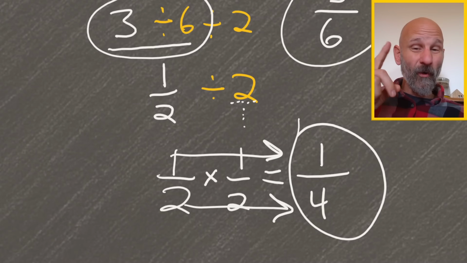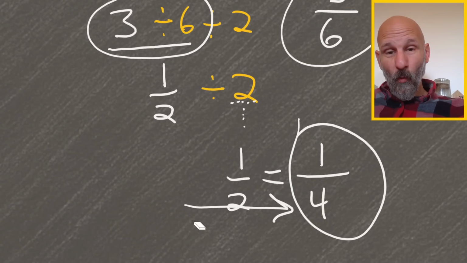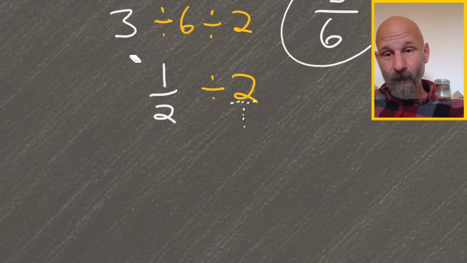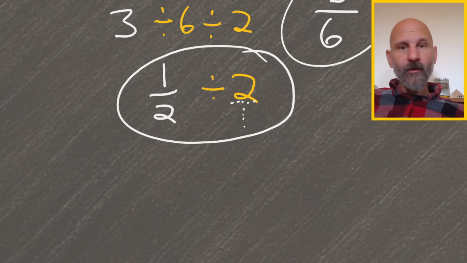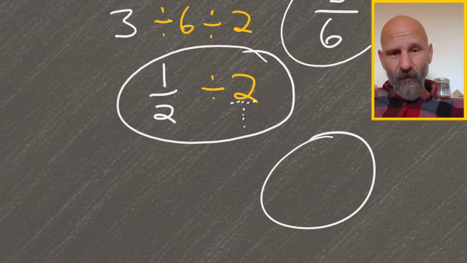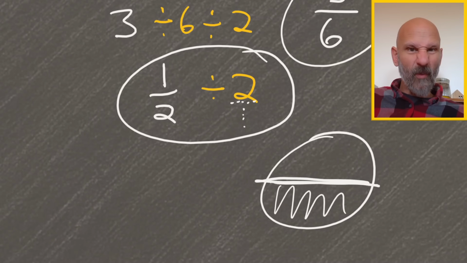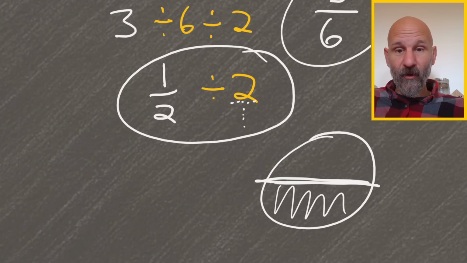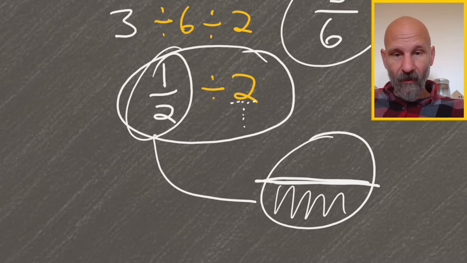But there's a little bit more that we could think of with this 1/2 divided by 2. So remember what division means. It means you're dividing something up into equal groups. So if I have 1/2 of something, kind of the pizza or the circle broken up into a half, there's the 1/2 there.